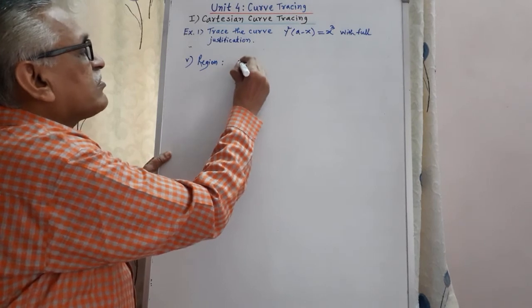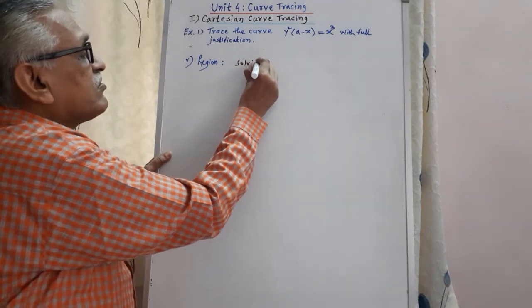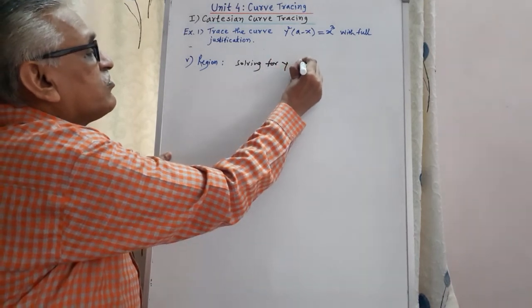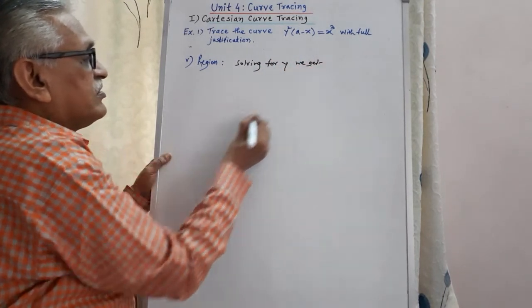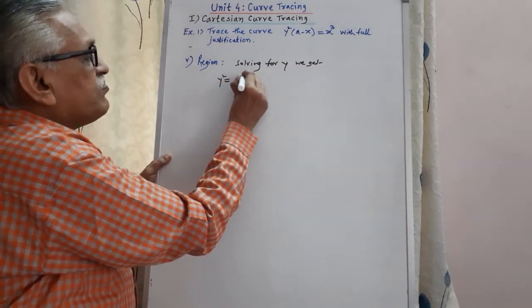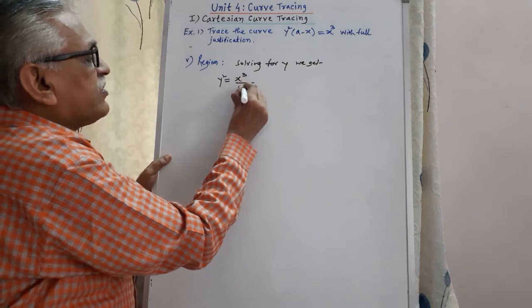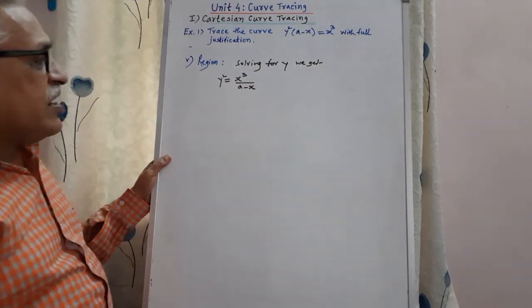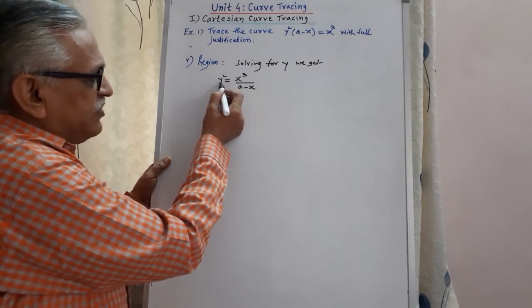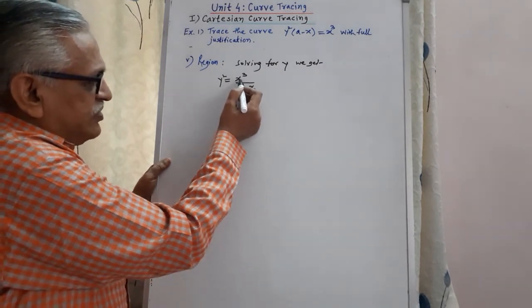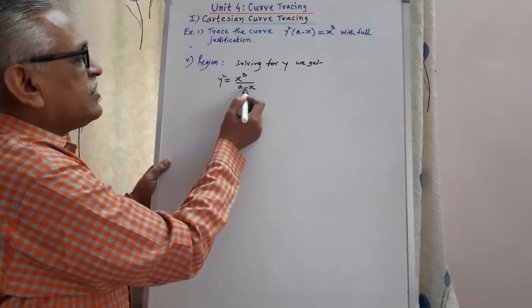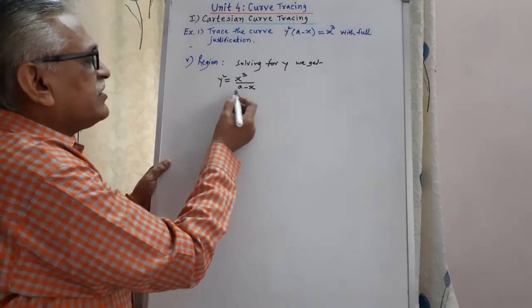Therefore, solving for y, we get y square is equals to x cube divided by a minus x. Okay, and then try to get the values of x for which this becomes negative. Therefore, there are two terms of x, one in the numerator, another in the denominator.